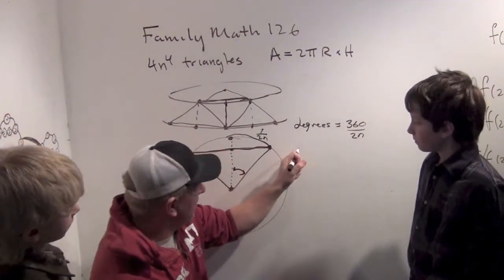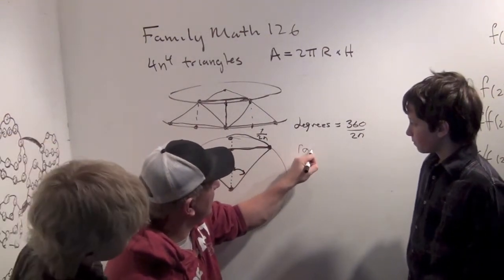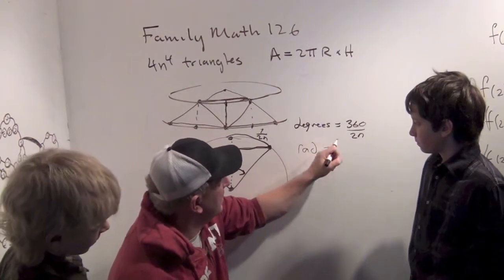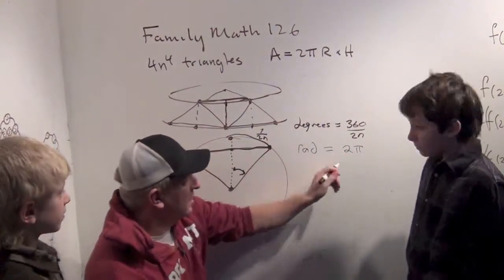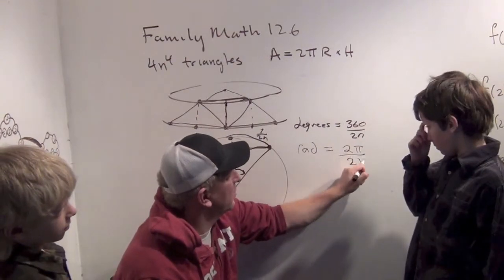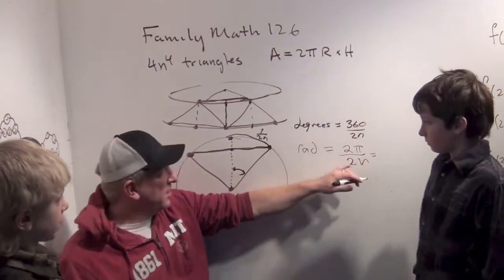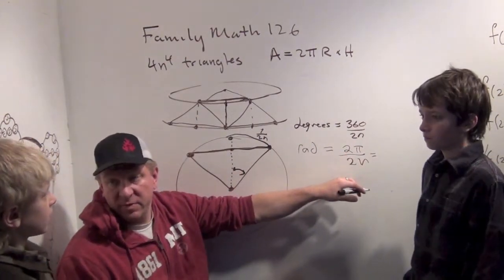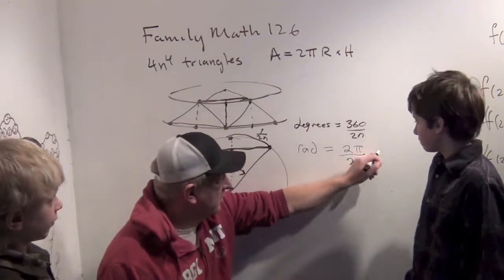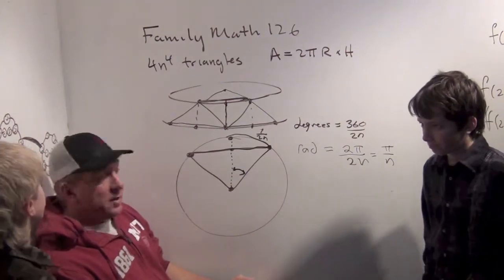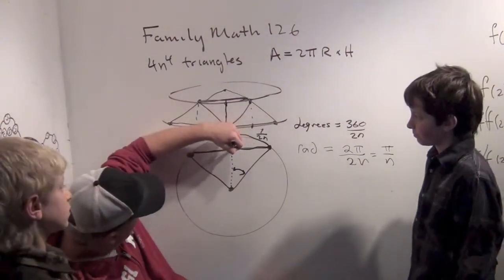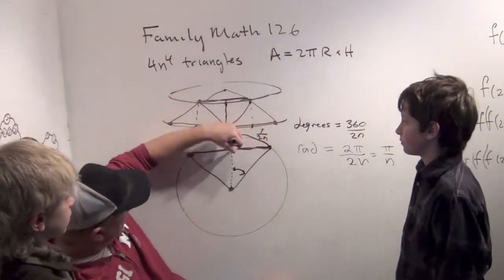There's something called radians, and I don't want to get into what those are. But this is the same thing as 2 pi once around the circle, over 2n. What does this fraction simplify to be? 2 pi over 2n simplifies to be? It's pi over n. Very good.